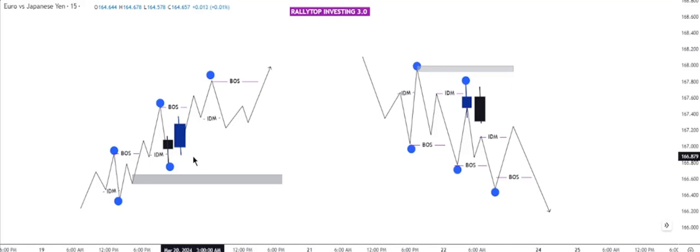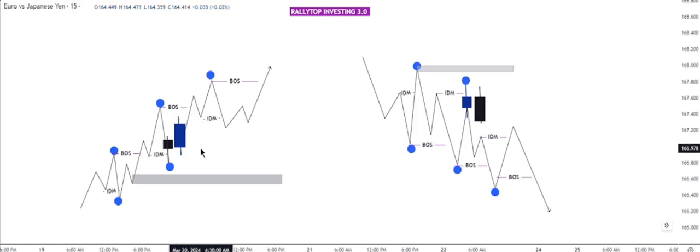But the question to ask is, how was that inducement taken? Was it by a candle wick or by candle closure? Very important, because your inducement will determine where your highs and lows are.